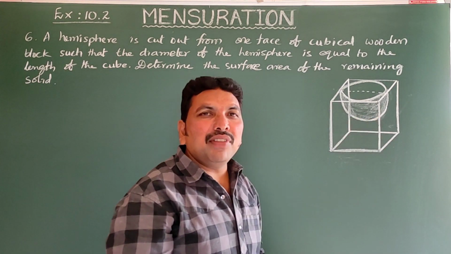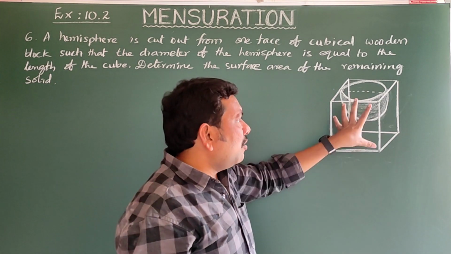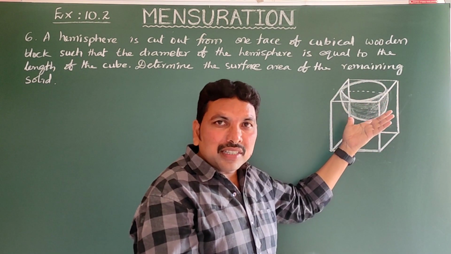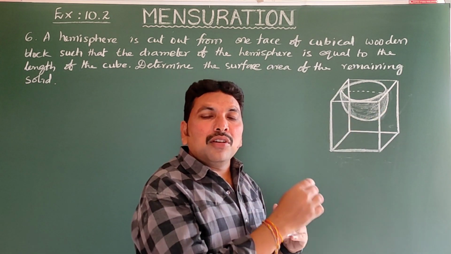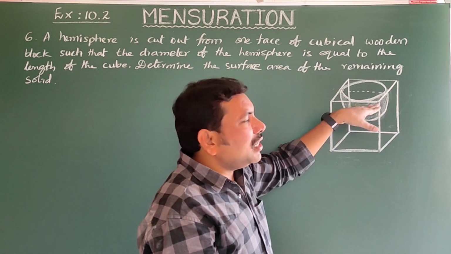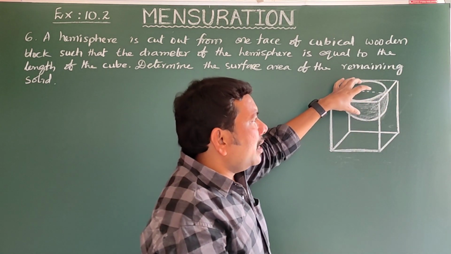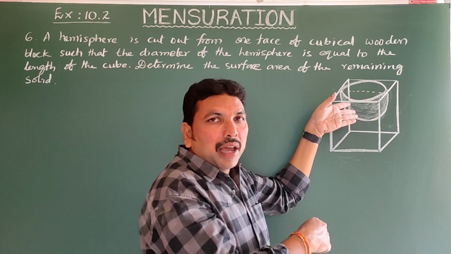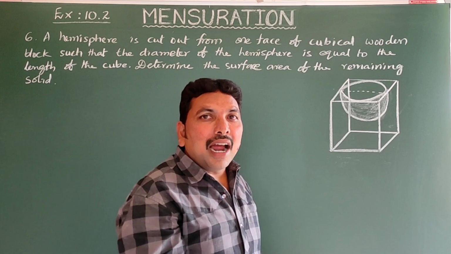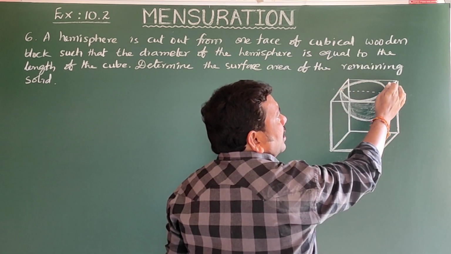So the surface area of the remaining solid, how can you find? First we have to find the total surface area of the cube. To the total surface area of the cube, we have to add the CSA of the hemisphere, because the hemisphere is cut out from the cubical wooden block. That is why we have to add that. Next, already we have measured this side also.